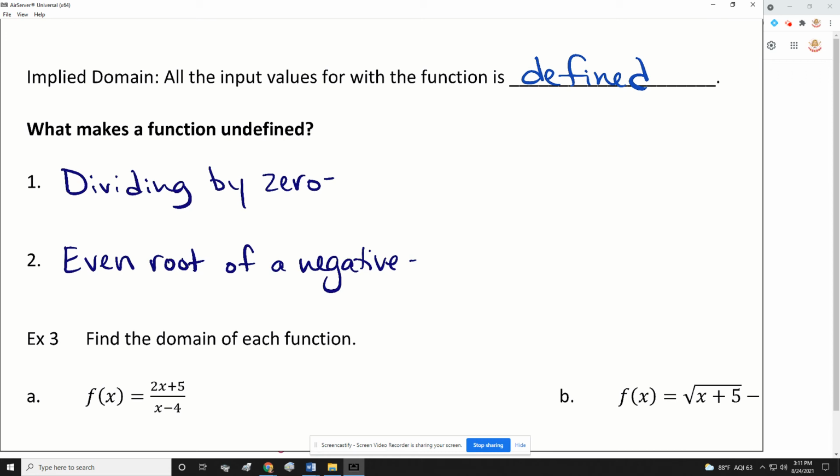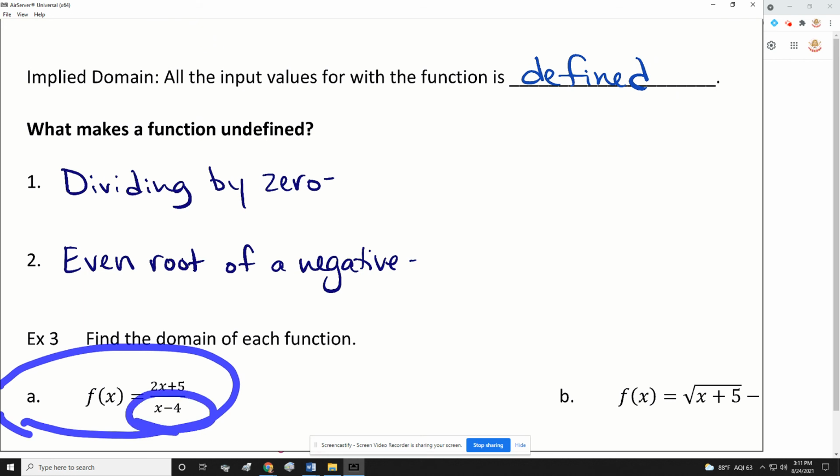All right? So if you end up in a situation like example 3a, where you're dividing by something that has an x, then we are going to have to restrict the domain.